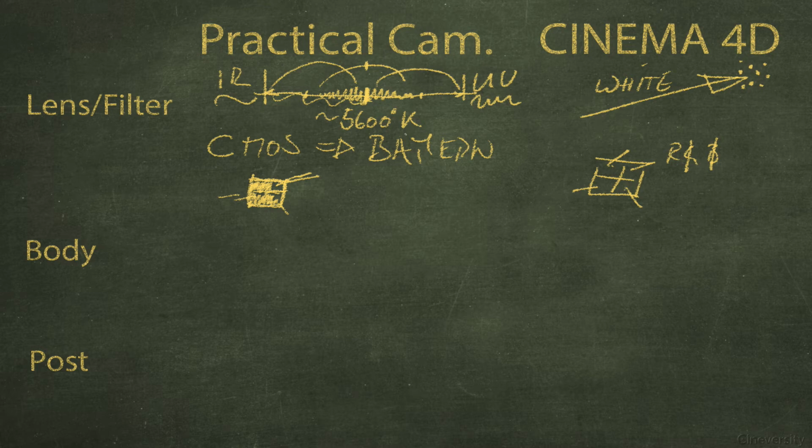This is nothing typical, I know that, but to illustrate the problems and the differences between these two systems, we have to know that we get from the practical camera these days most likely a calculation from R, G, and B and G. And from Cinema we get full values for each pixel.